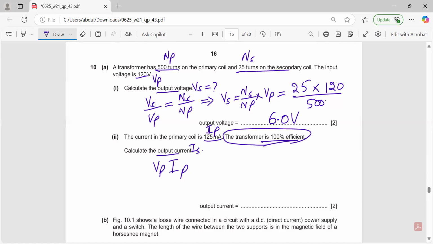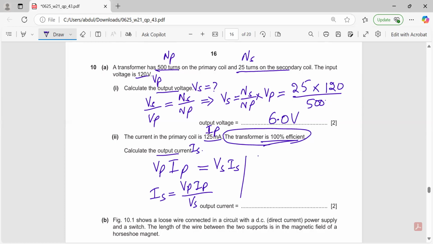Vp times Ip, which is input power, equals Vs times Is, which is output power. So dear friends, Is is equal to Vp Ip over Vs.